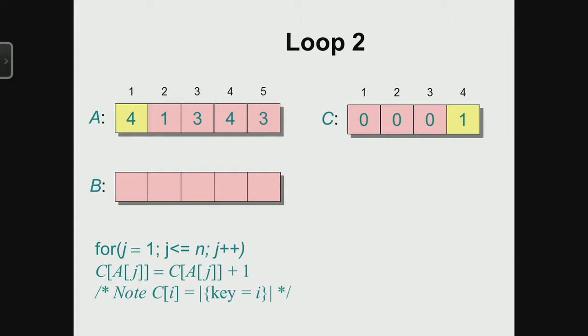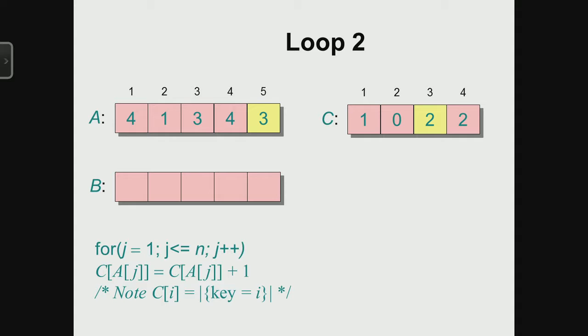The first element in array A is the value 4 and the second loop increments C of 4. Then the value C of 1 is incremented by 1, then the value C of 3 is incremented by 1, then the value C of 4 is incremented by 1 and it becomes 2 now, and the value C of 3 is incremented by 1 now, which becomes 2.